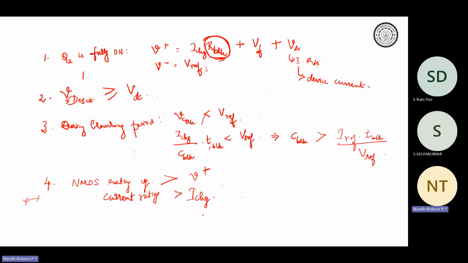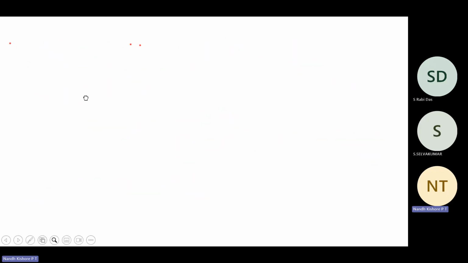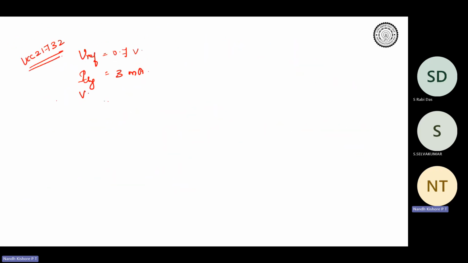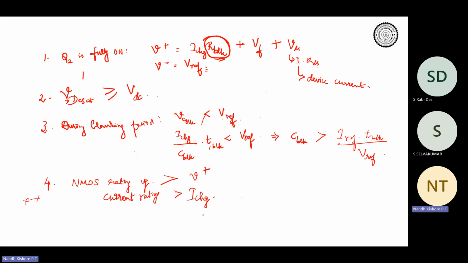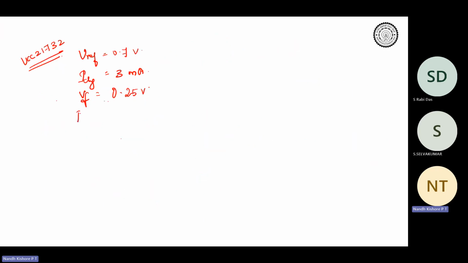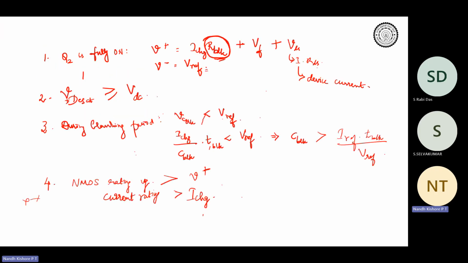Let me assume VF is around 0.25 volts, and RDS on is, let's say, 20 milliohms.